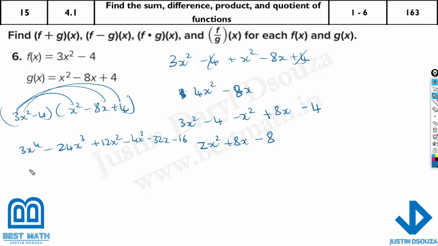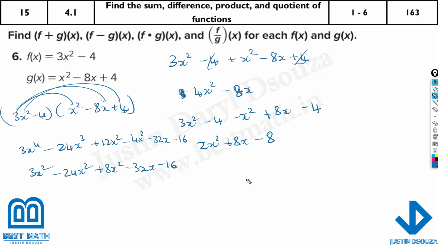And then we will just group the terms up. There's only one cubic, that's fine, this is correct, but there are two quadratic, that's power 2. So we solve it up, it'll be 8x squared then minus 32x minus 16.